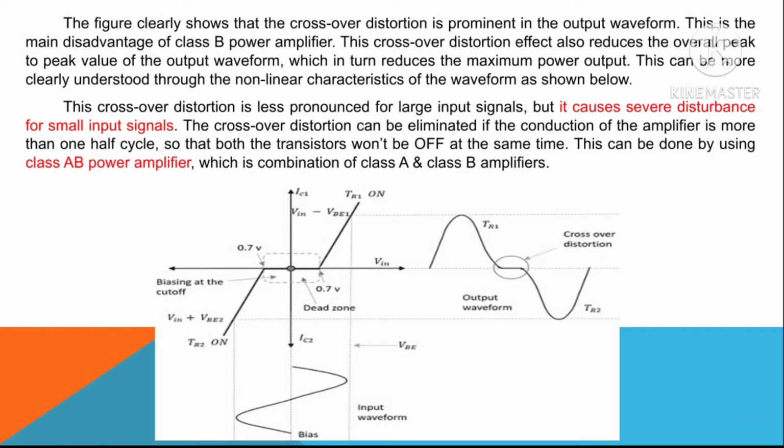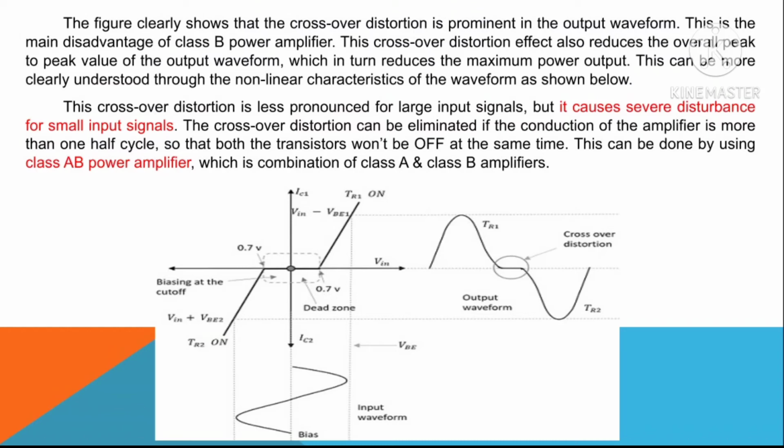The crossover distortion can be eliminated if the conduction of the amplifier is more than half a cycle, so that both the transistors won't be off at the same time, and this can be done by using the class AB power amplifier, which is a combination of class A and class B power amplifiers.